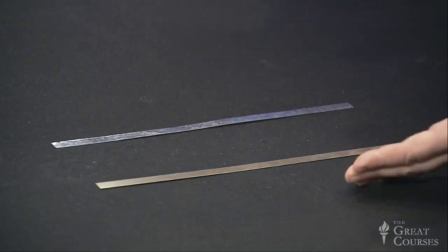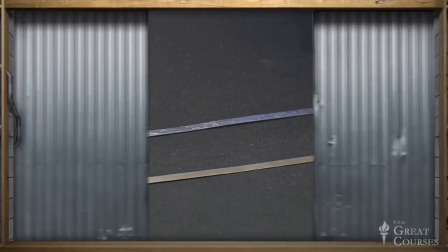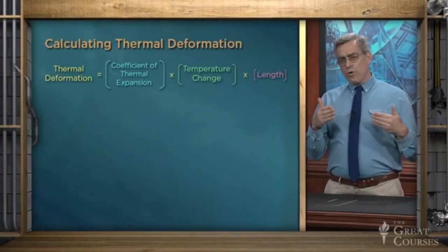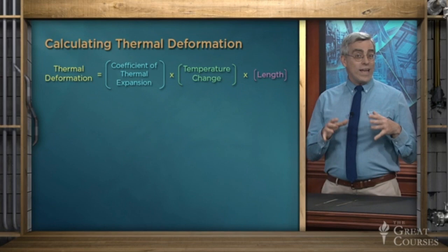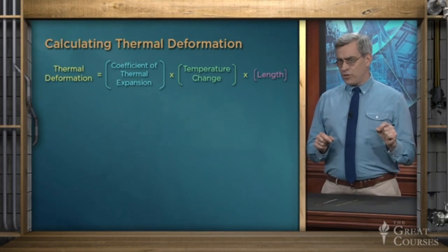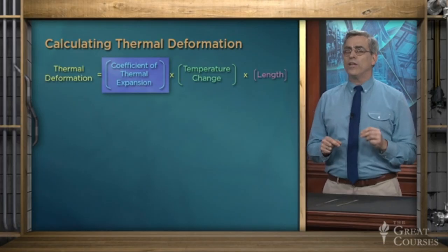What you might not know is that different materials, like these steel and brass strips, expand and contract at different rates. The actual amount of thermal deformation for a given temperature change can be calculated quite accurately using this equation and a material property called the coefficient of thermal expansion.